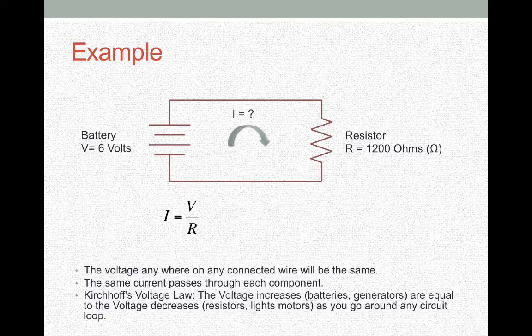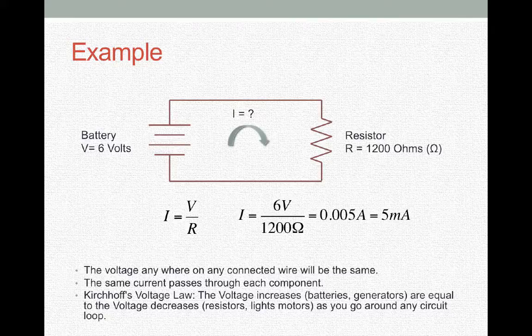Now we know that the battery is supplying 6 volts, so the voltage drop across the resistor has to be 6 volts because of Kirchhoff's voltage law. So we know now the voltage and the resistance, and we can calculate the current. Voltage is 6 volts, the voltage drop across the resistor, divided by 1200 ohms, which is the resistance, and that gives us 0.005 amps, or 5 milliamps.